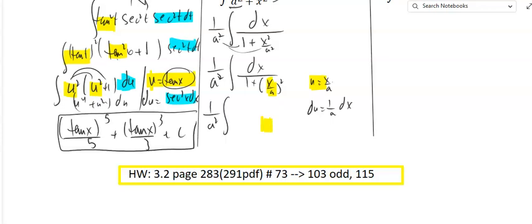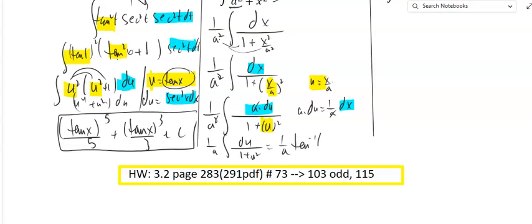I put a u there. Dx is what? Is a times du. This cancels one of those. That's 1 over a, the integral of du over 1 plus u squared. That is 1 over a, the inverse tangent of u.